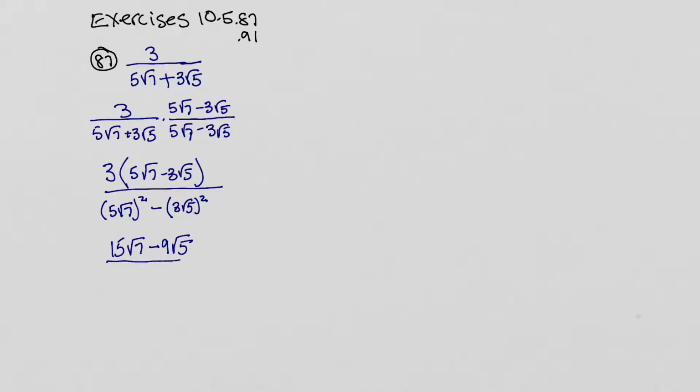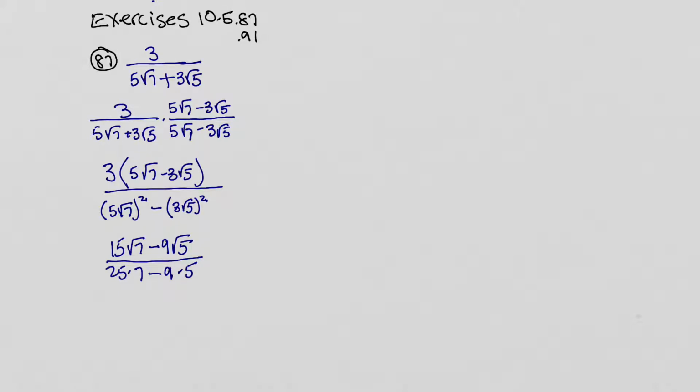And in the denominator, let's go ahead and square these terms here. 5 squared is 25 times the square root of 7 squared, we know is just 7, minus, now over here, 3 squared is 9, times, square the square root of 5, we just get 5.